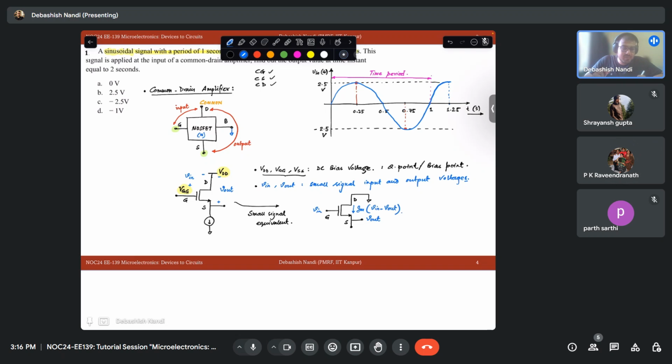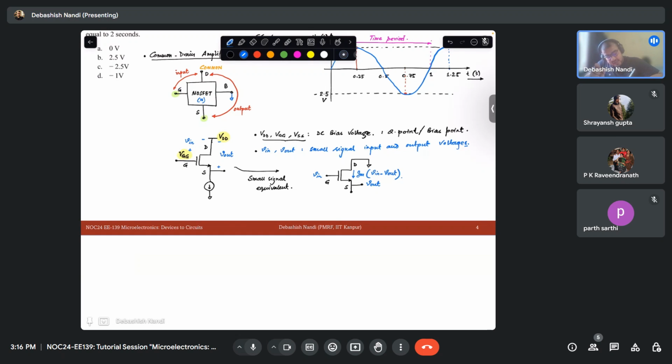Please tell me if you have understood this, or else I will explain. What is happening basically in the input is that your amplifier has a DC voltage. This is the voltage axis, this is your VGG, and on top of that you will have a small V in.